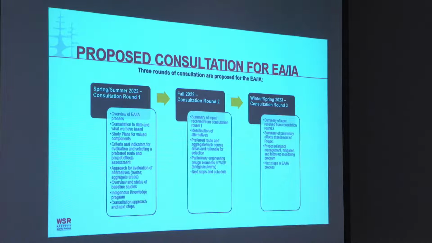And then we move into round three, which would be in the winter or spring of 2023. And so that would be taking round two, summarizing from round two. By that point, we'll have some preliminary impacts. We can summarize those for the various valued components.